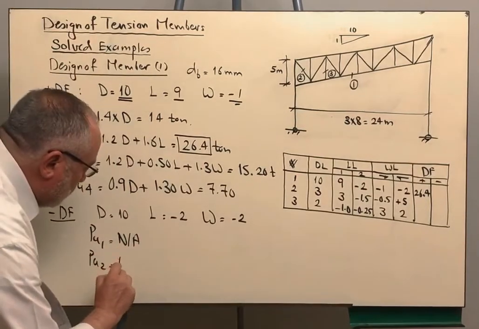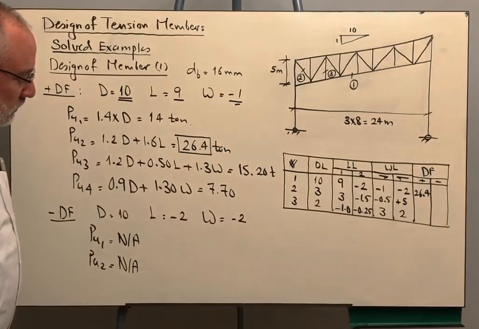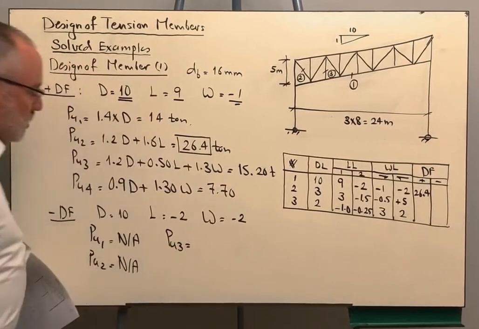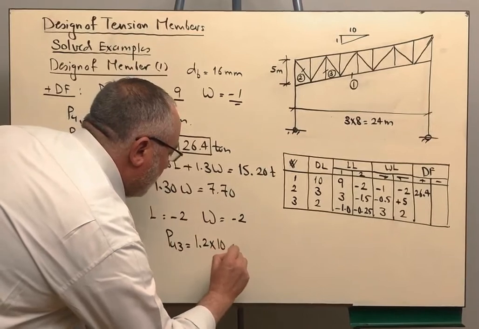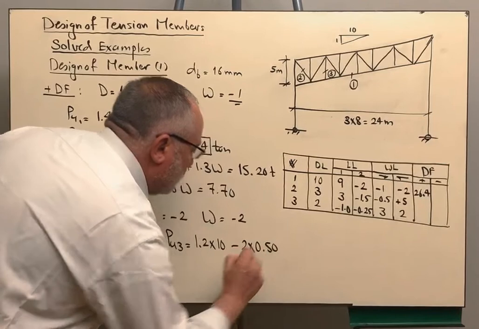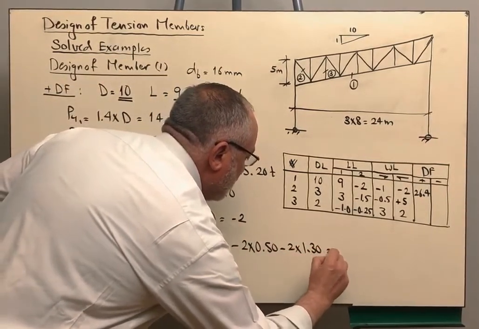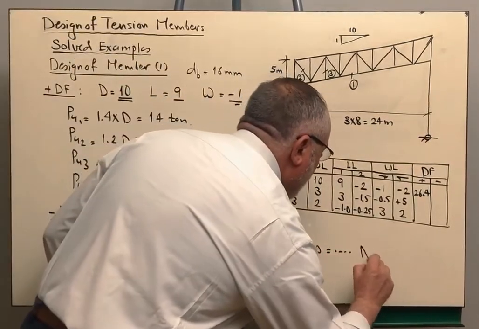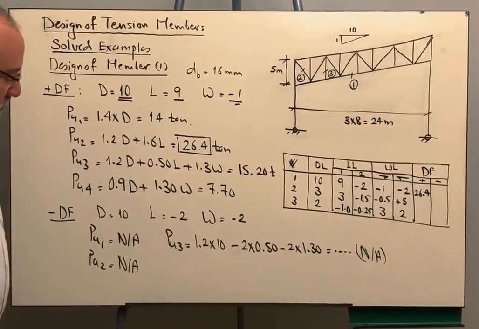So this means that this is also not applicable since we are searching for the maximum negative. And for the third load combination equation, we are taking 1.2 of the dead and negative 2, which is the live load, by its factor 0.5, and negative 2 by the wind factor, which is 1.3. Also, it will give us a positive value, so it is also not applicable because we are searching for the negative.